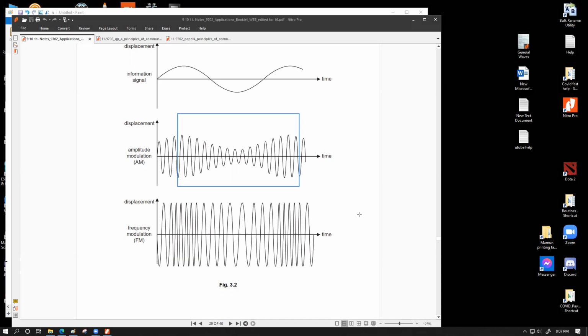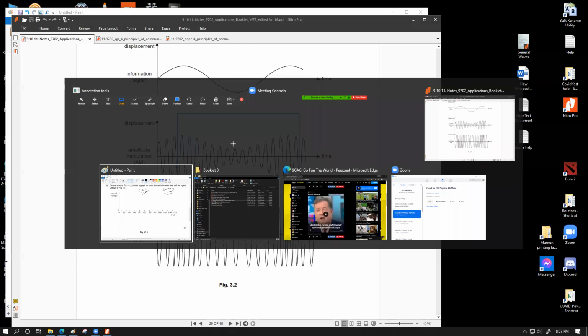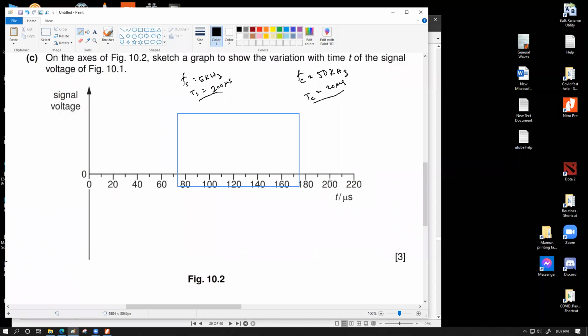So I would know precisely how much I have to cover, because if you have a good look at the given question, here's the question. You can see that over here we have a total amount of time that is represented with 220 microseconds. That is slightly bigger than 200 microseconds, which means we should be able to represent one full cycle over here, either from crest to crest or from trough to trough. So either of them can work, but I just want to start with the crest because that's just my preference.